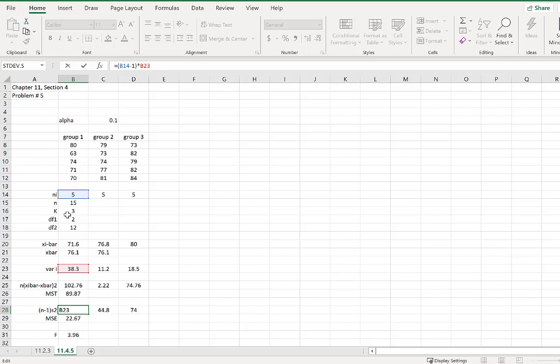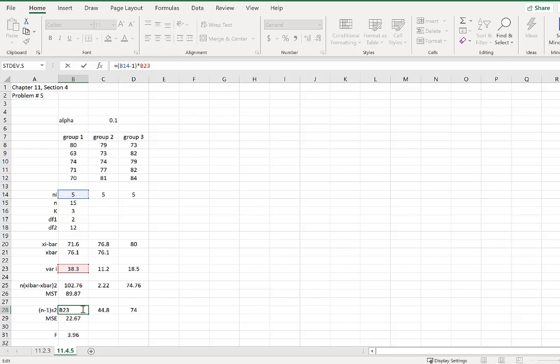Then I multiply that by the variance, the standard deviation squared, which is what we calculated above in that var i. So the variance for group 1, the variance for group 2 next to it, and the variance for group 3 next to that. In this case, it was just the blue minus 1 times the red that got me the value of 153.2 down here.